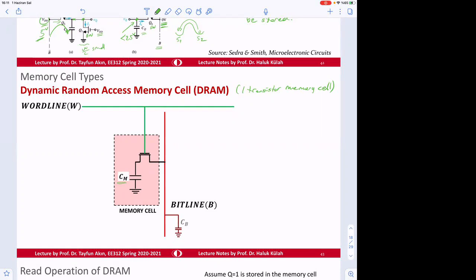This capacitor maybe can be formed by a transistor also. So why not just connect this to ground and use this as the capacitor, the gate to source capacitor, which is going to be CM. Or they do some other tricks to make that capacitance large, but still it's going to be much smaller than the CB capacitance. So this is the memory capacitance.